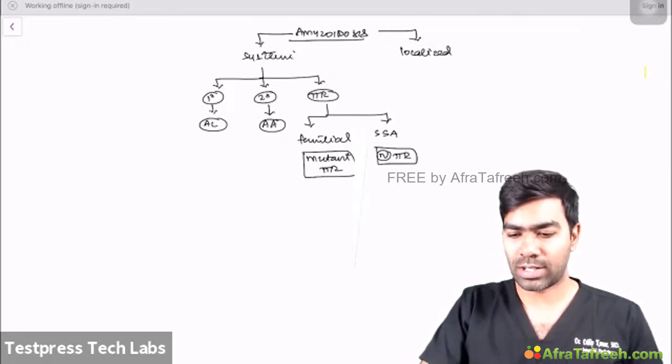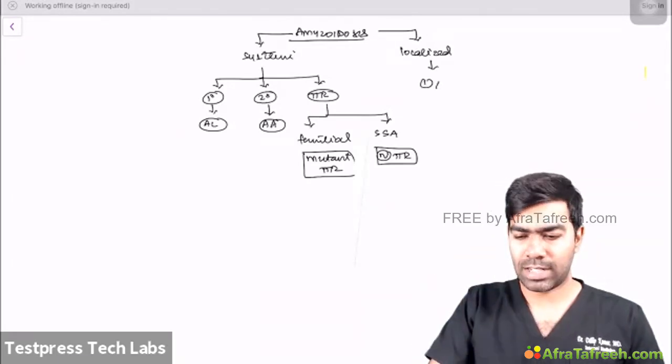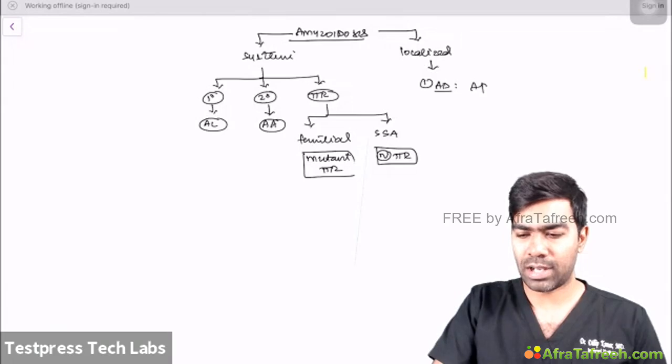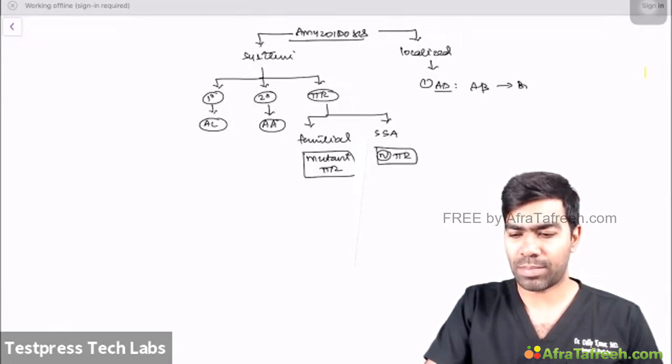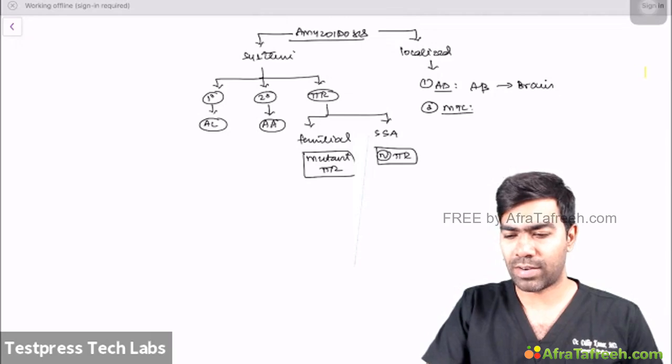As far as localized is concerned, you have number 1, Alzheimer's disease, where you have A beta kind of amyloidosis, where the deposition will happen only in the brain. Second, you have medullary thyroid cancer, where you have an amyloid called calcitonin amyloid that will be depositing only in the thyroid.